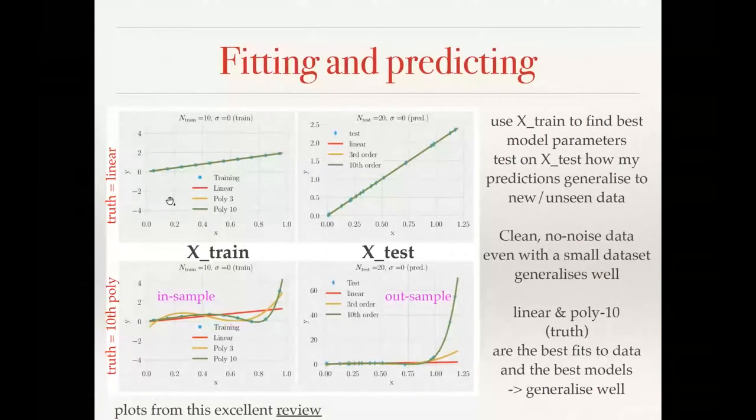When we try to fit with a polynomial of a third order, so something that goes x to 0, x squared, x cubed, then we also get a line because the best fit is the fit where the coefficients of x squared and x cubed are 0. And the same goes for the polynomial of 10th order. So you see the three models, they all lead to the same predictions.